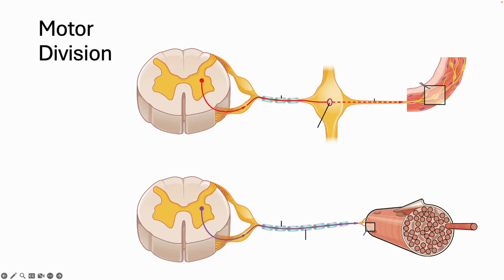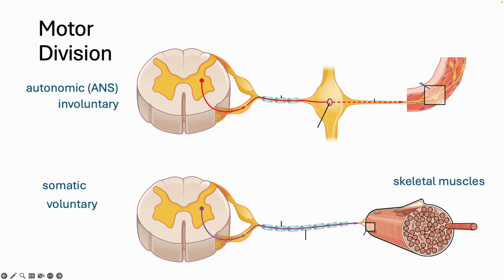All right, let's take a look at the motor division, because the motor division can be divided up into the somatic, which is the voluntary division. It's going to be what innervates your skeletal muscles. And then you have the autonomic, which makes up the autonomic nervous system.